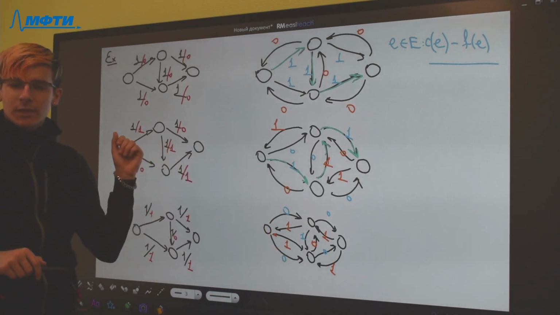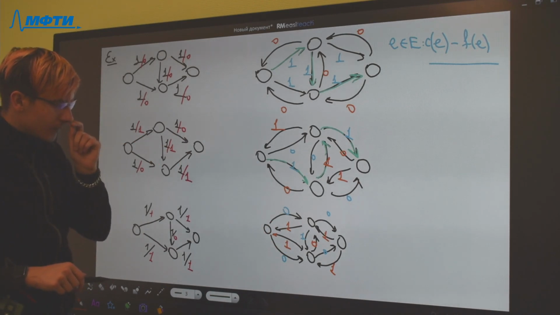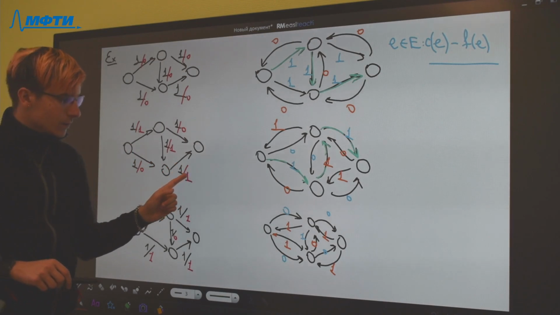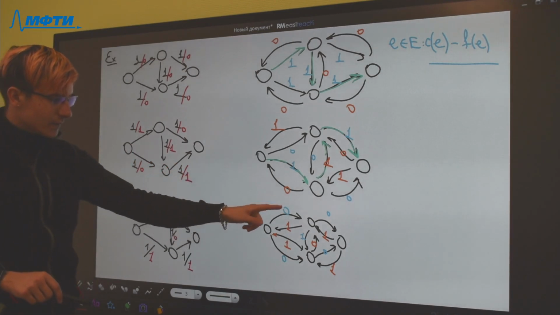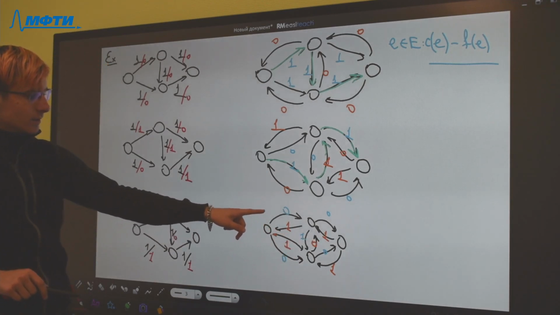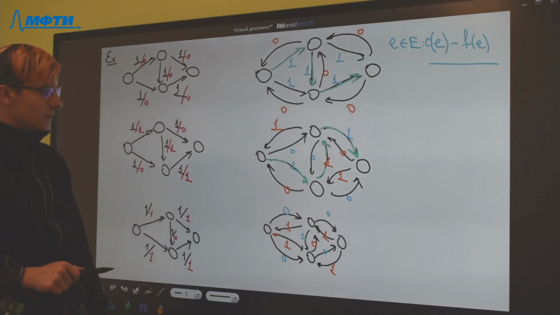But we need to get edges with non-zero capacities in the path. So we say that there is no path from the source to the sink that contains only edges with capacities bigger than 0.